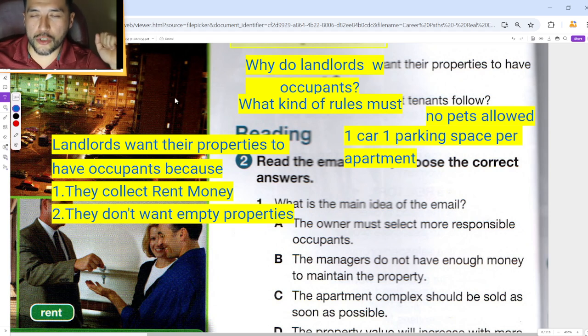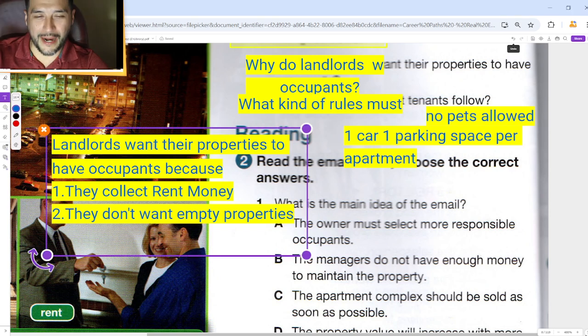What kind of rules must tenants follow? The people, the occupants. What kind of rules must the tenants follow? No pets allowed, parking space rules, maybe sometimes things with the trash can, the trash bin rules, pay the rent on time rules.